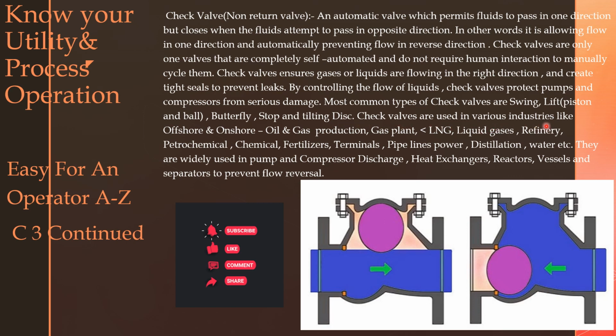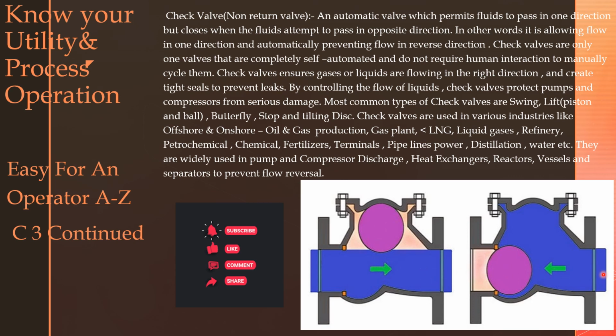Check valves are used in various industries like offshore and onshore oil and gas production, gas plants, LNG, liquid gases, refineries, petrochemical, chemical fertilizers, terminals, pipelines, power, distillation, water, etc. They are widely used in pump and compressor discharge, heat exchangers, reactors, vessels, and separators to prevent flow reversal.